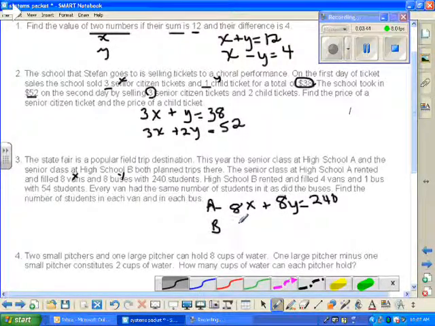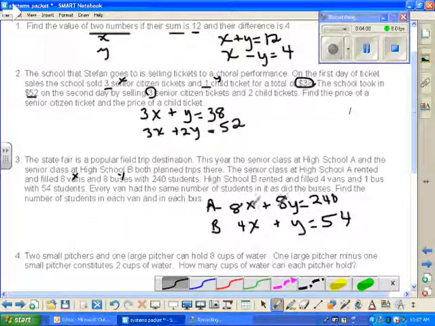So we said the x is the vans. And 1 bus. So we just put y for 1 with 54 students. Every van had the same number of students in it as did the buses. Find the number of students in each van and in each bus.